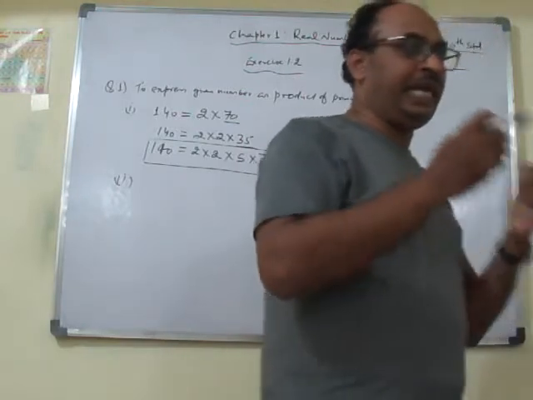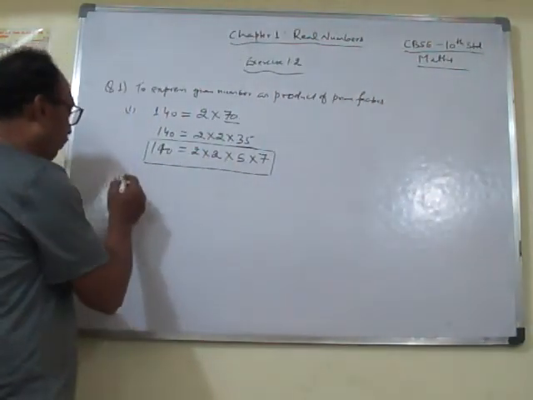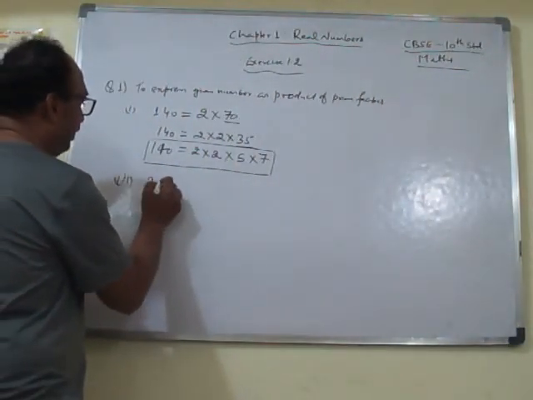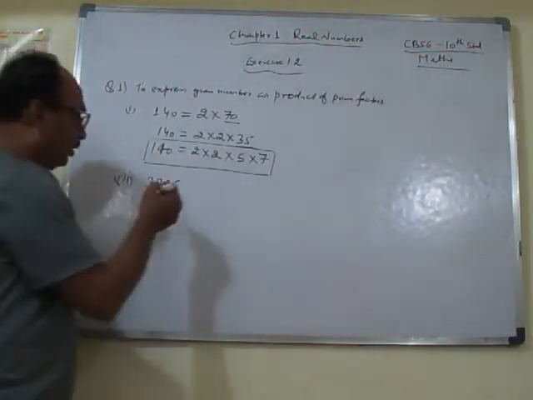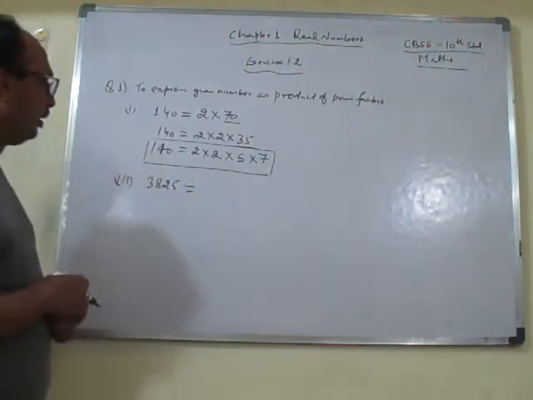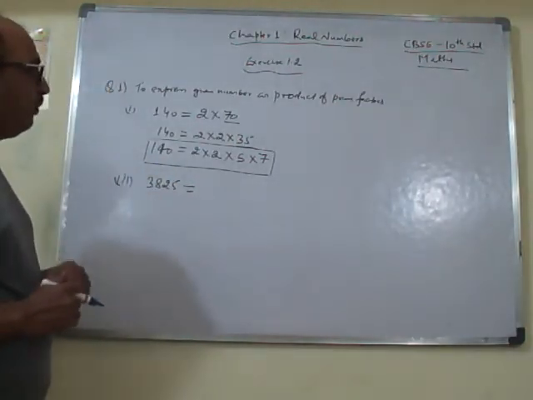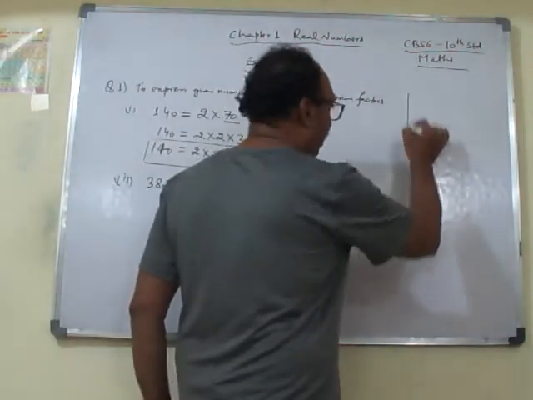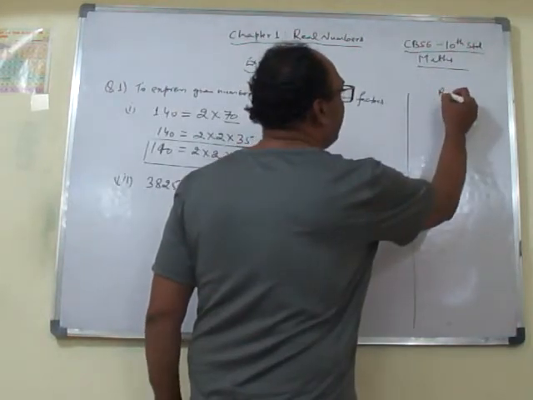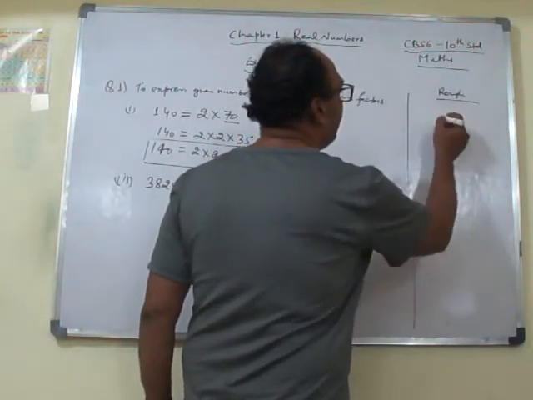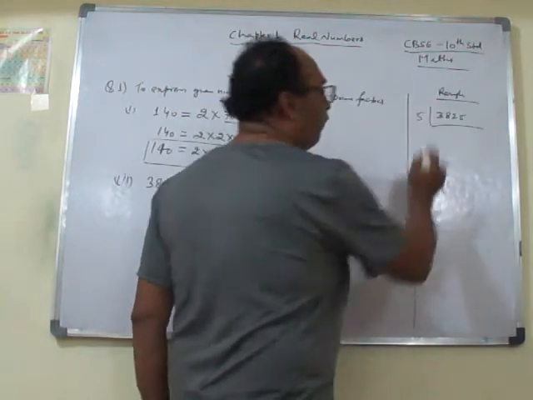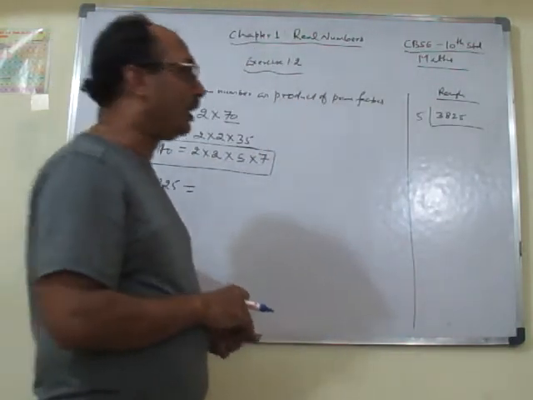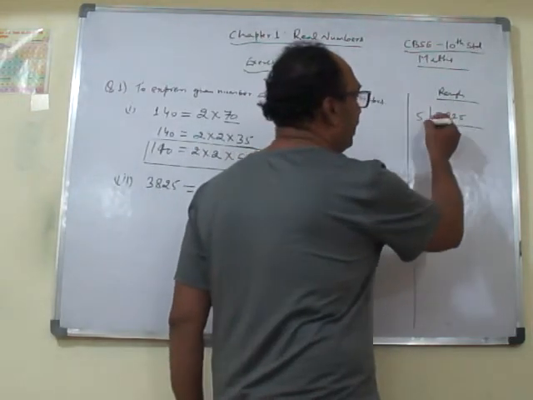Second, I will take another number, 3825. Let us do that rough work here itself. We are going to find factors using this same method.